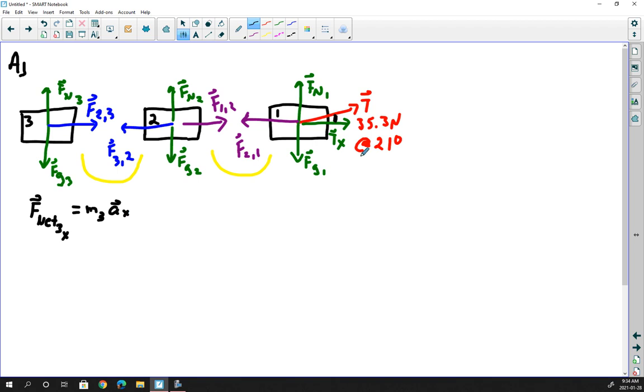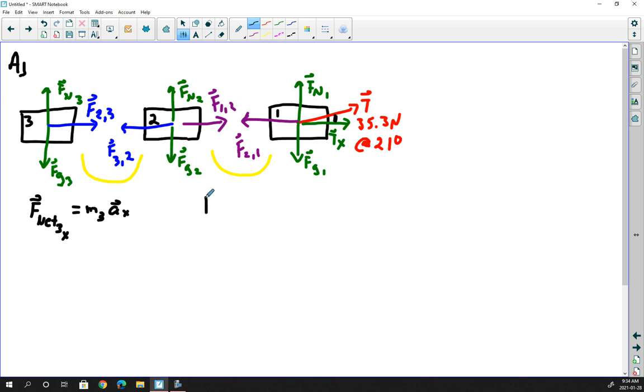Okay, so what I want you now to do is, I'm going to pause the video, try to do F net extraction on object number 2. So try that, and then I'll show you how it works. But make sure you try it yourself. Give it a pause. Okay, I hope you did that.